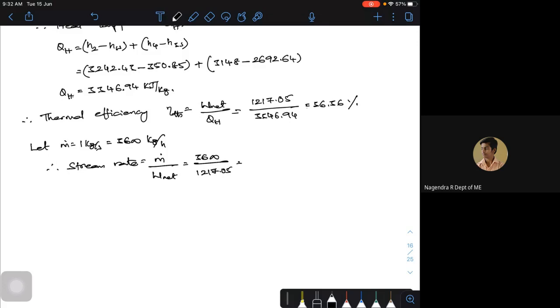So 3600, I'm just making an assumption; if it were given in the problem, I could have used it. This will be around 2.957, so I will take it as 2.96 kg per kilowatt hour. So this is the steam rate for this particular problem. All the quantities we are able to find.